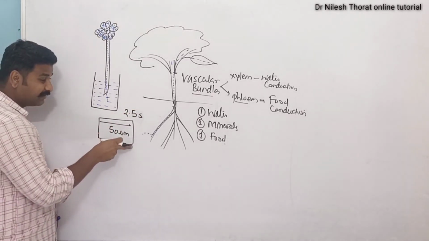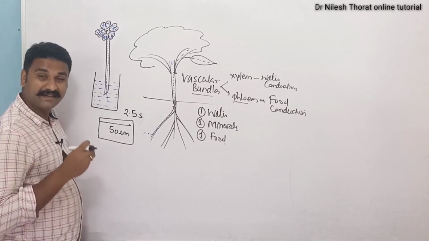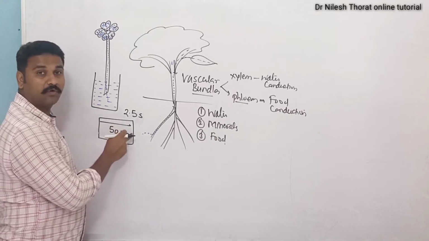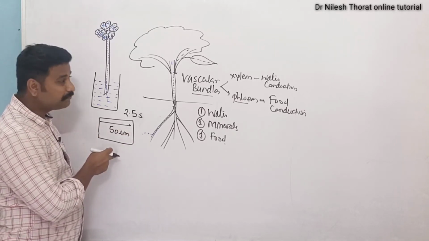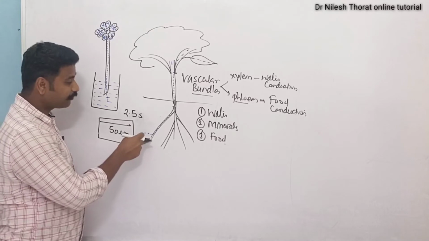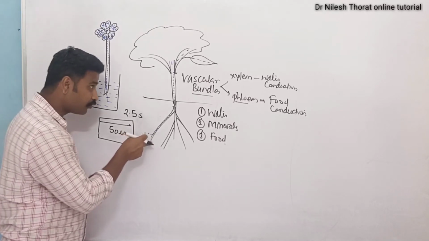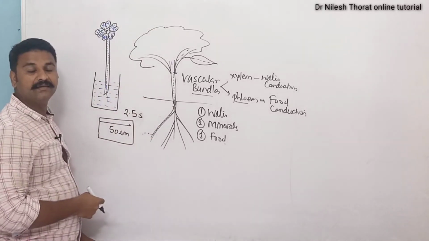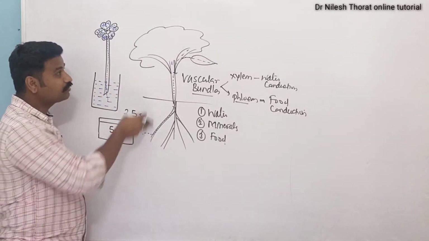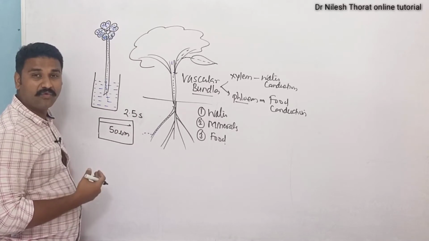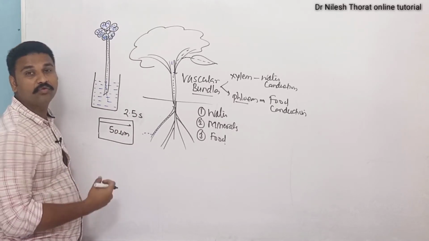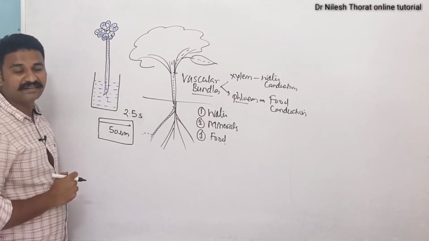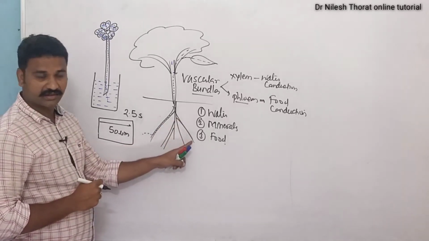So if 2.5 seconds are required to transport water across one cell, then imagine the time required for transporting water from the root up to the tip. This is a huge tree, and transporting water across this huge area will require a sufficient amount of time. So diffusion alone cannot help us in transporting these three substances.